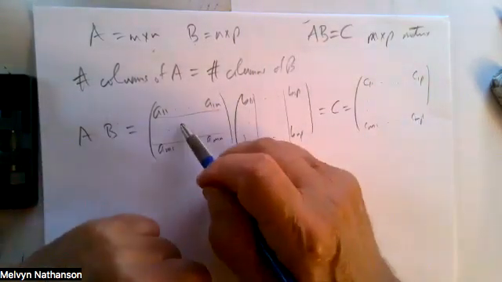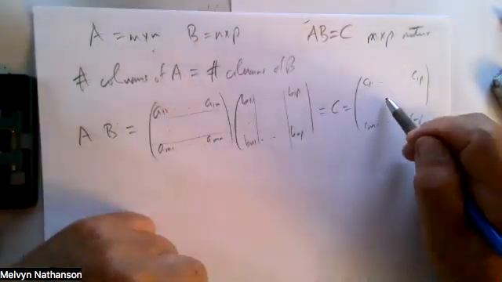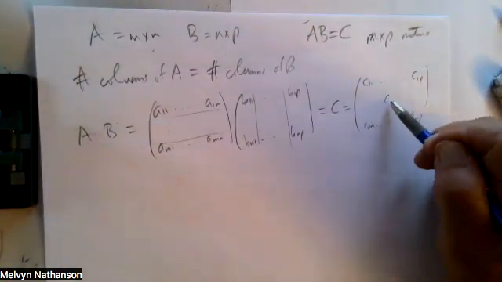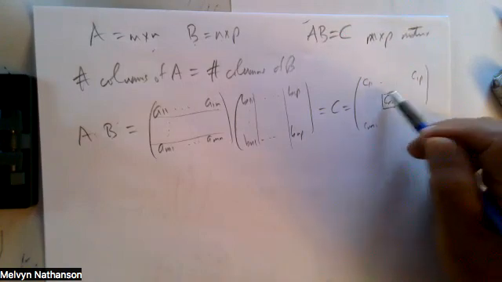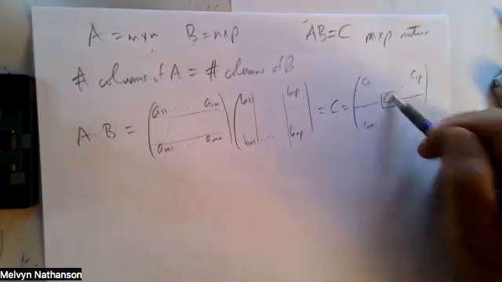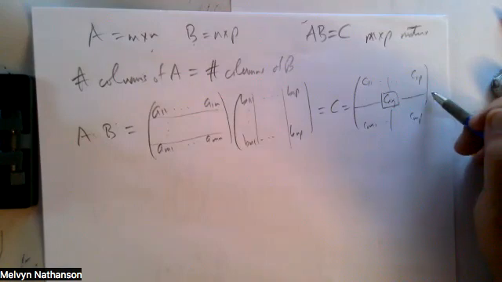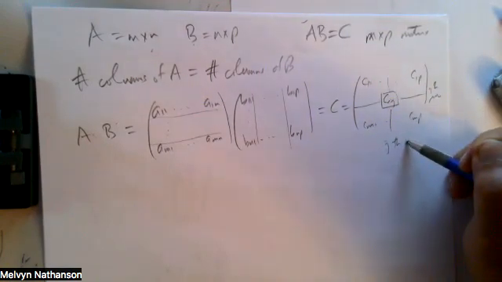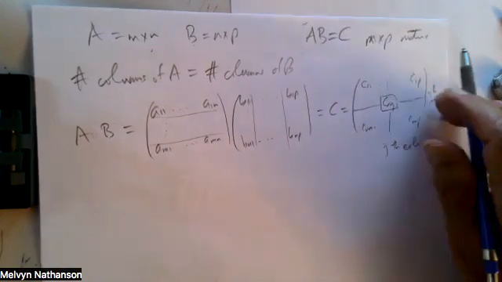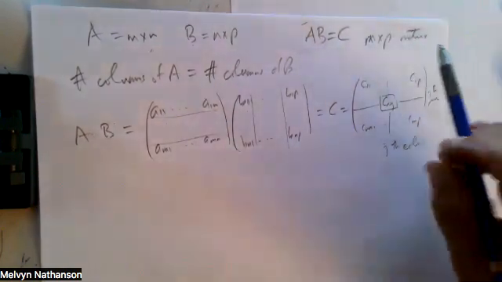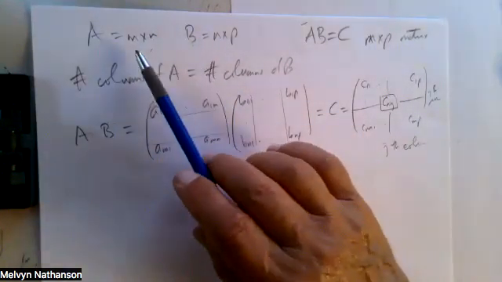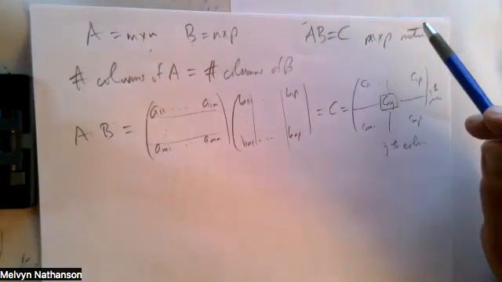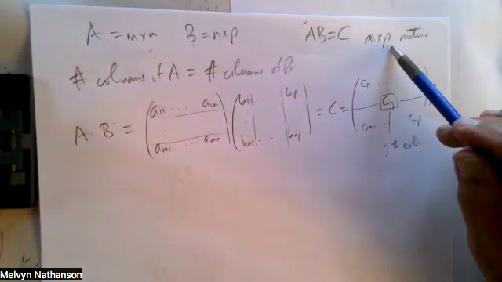And I want to know, what are these numbers? When I multiply A and B, how do I get the coordinate Cij, which is the coordinate in the ith row and the jth column? If A is an m by n matrix and B is an n by p matrix, then I can multiply them to get an m by p matrix.